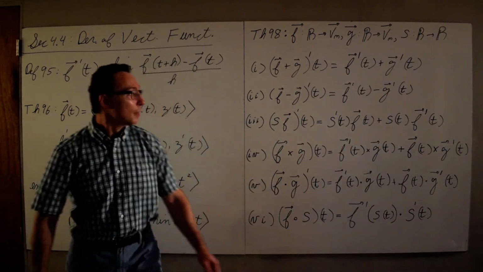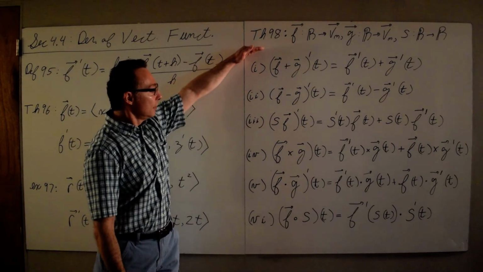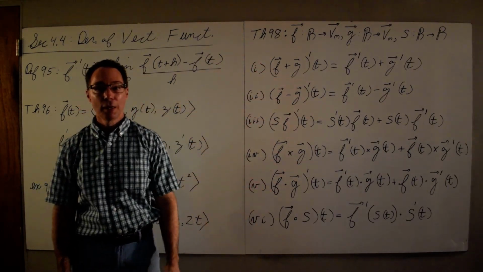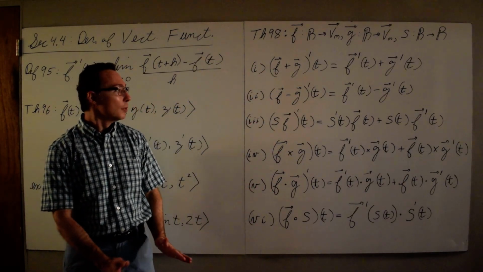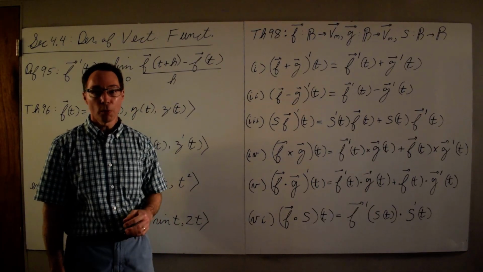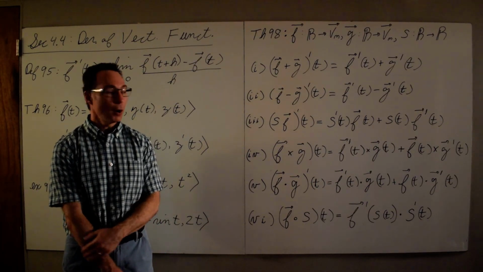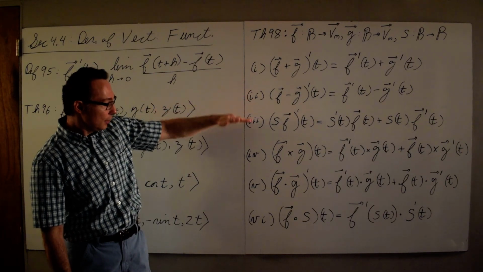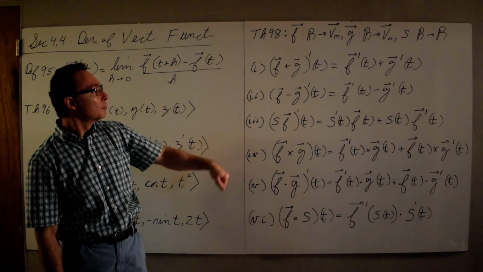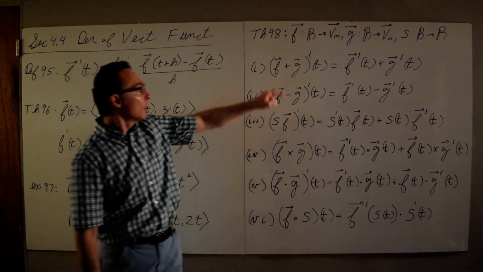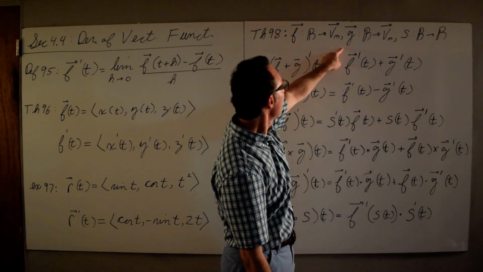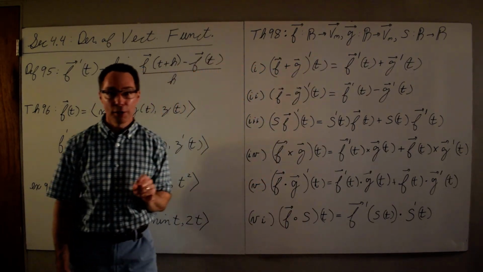Now, Theorem 98 is probably also something that works the way you would like it to work, but we have to be very careful about how we look at these functions. We start with f and g as functions from R into Vn.